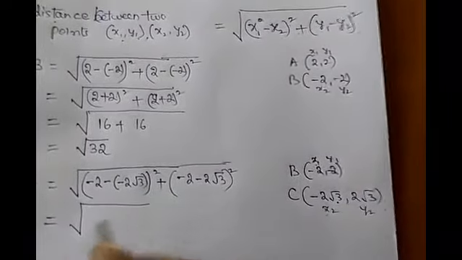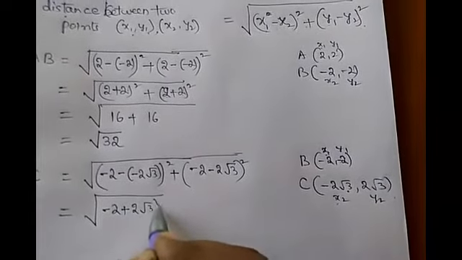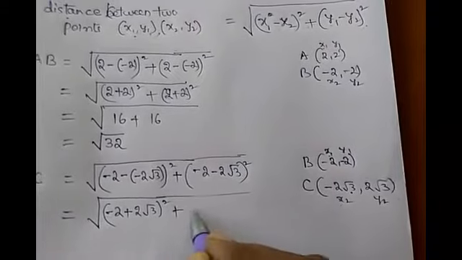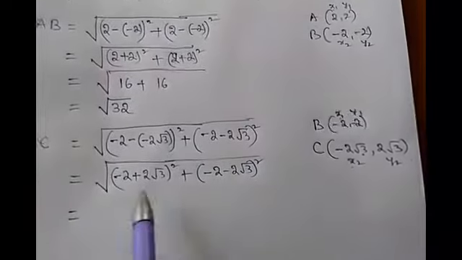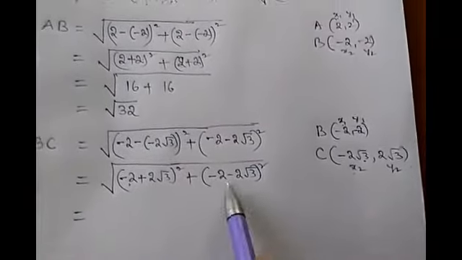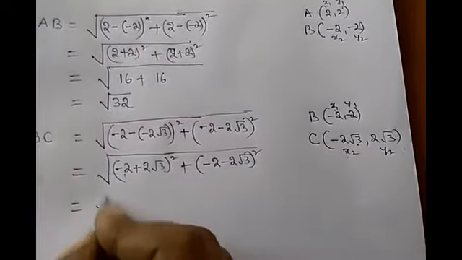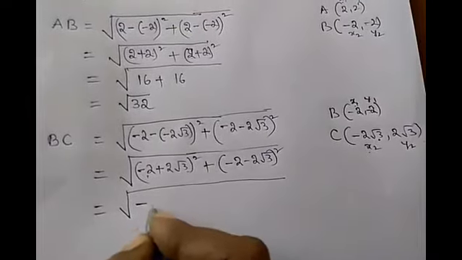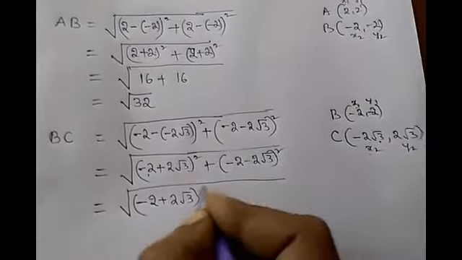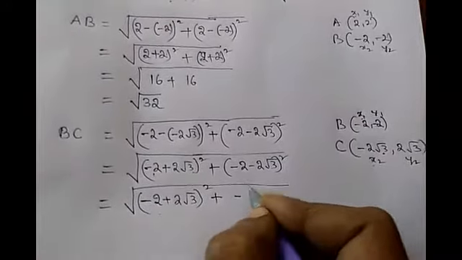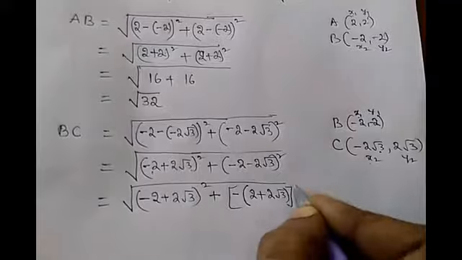That is equal to minus 2 plus 2 root 3 whole square plus minus 2 minus 2 root 3 whole square, which gives, apply a minus b whole square, a plus b whole square here. Since minus is common, on simplifying this, 2 plus 2 root 3 whole square plus, taking minus common, minus of 2 plus 2 root 3 whole square.